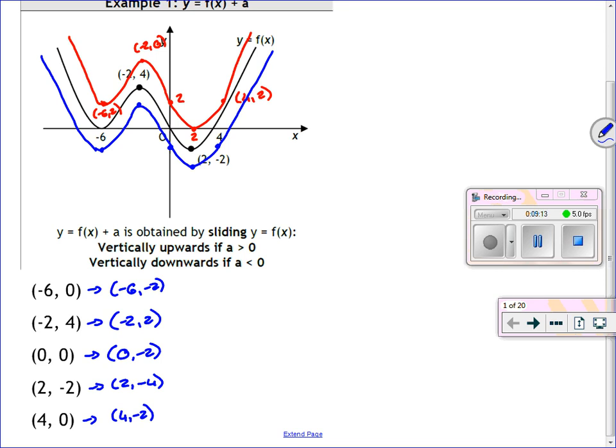There's no rush with this, and make sure your coordinates make sense. So this was minus 6, minus 2. This is minus 2, 2. This is 0, minus 2. This is 2, minus 4. And this is 4, minus 2.